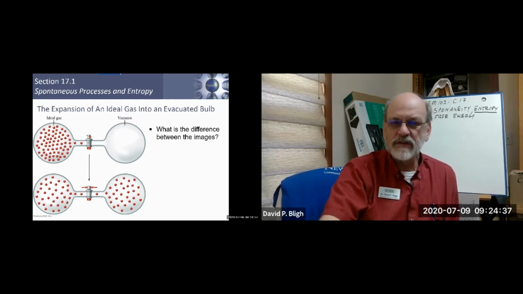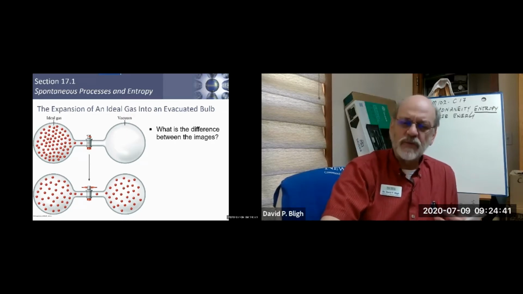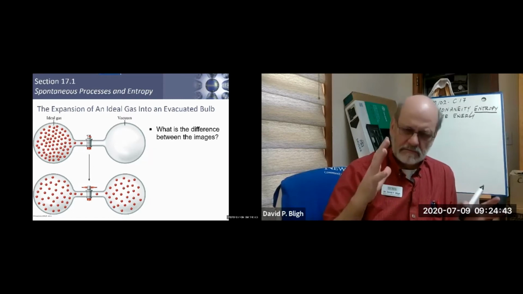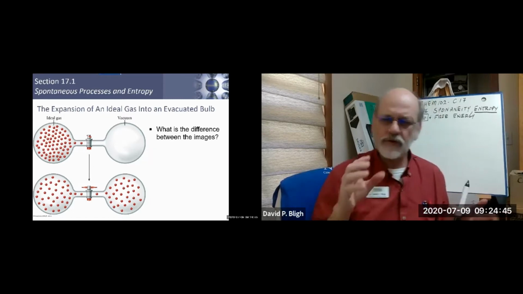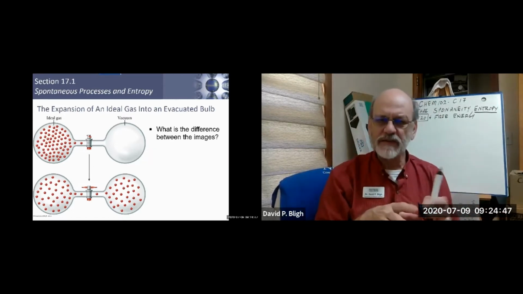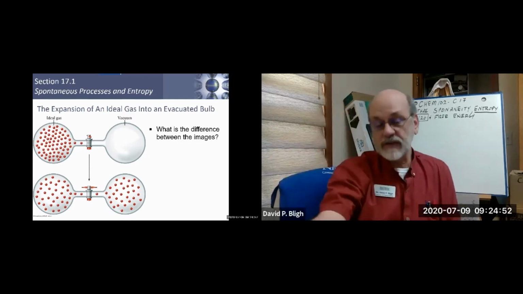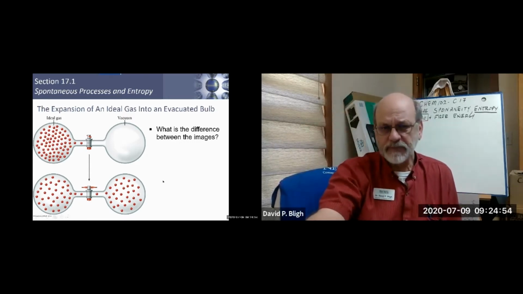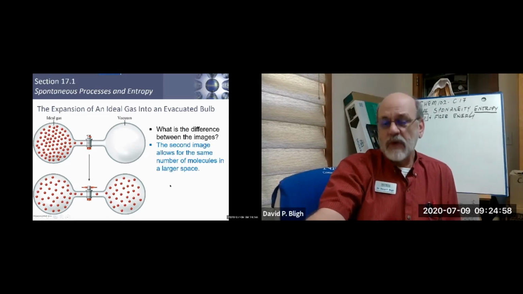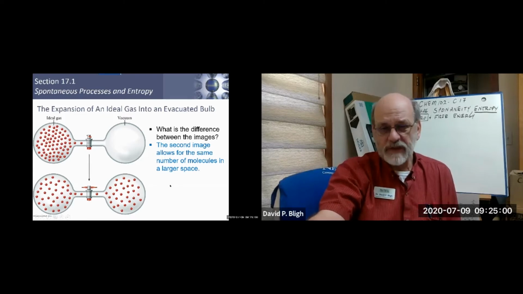A decrease in entropy would force those molecules into a smaller space or into a more regular arrangement. We'll look at some examples in a second. So we have the molecules in a larger space. That, in a nutshell, is the driving force.